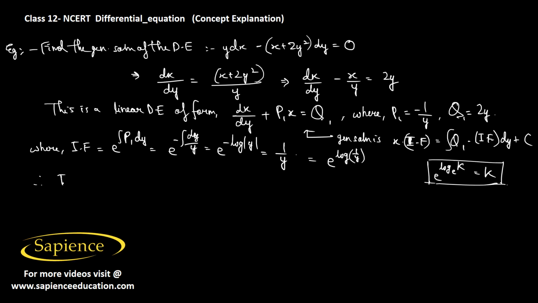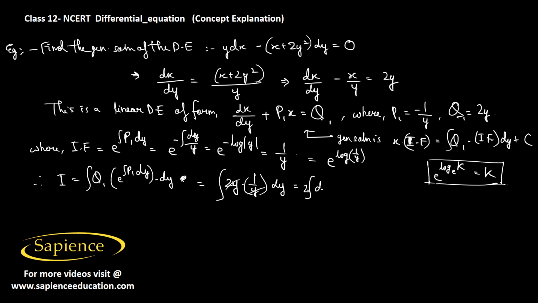Now we need to find the integral of q1 into the integrating factor dy. Here q1 is 2y, so 2y into 1 by y into dy. The y and y will cancel, so this is simply 2 integral dy, which is 2y.